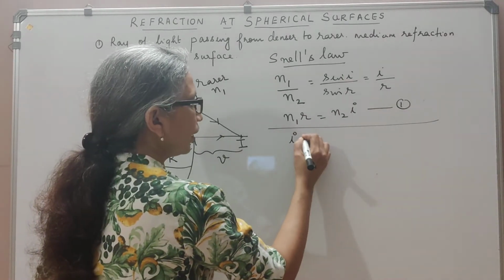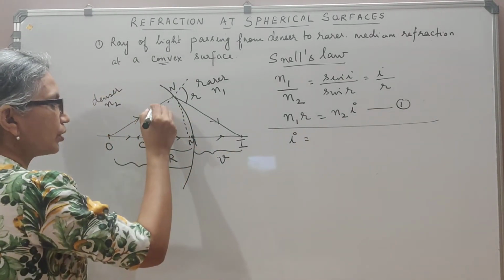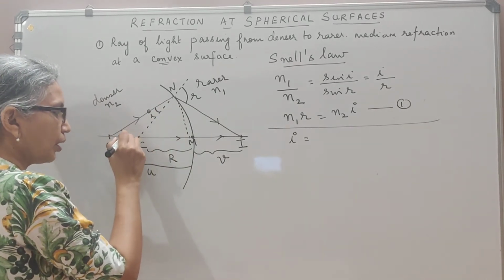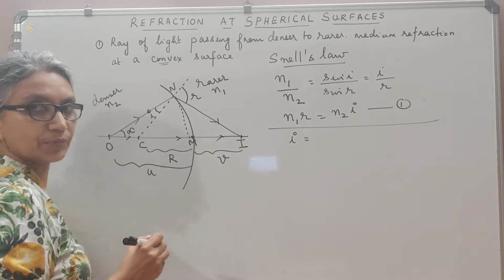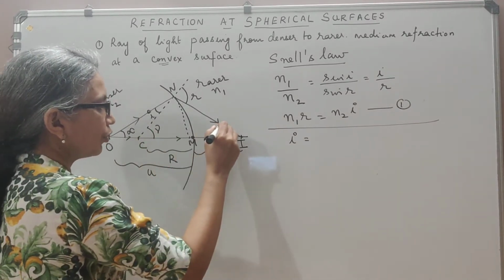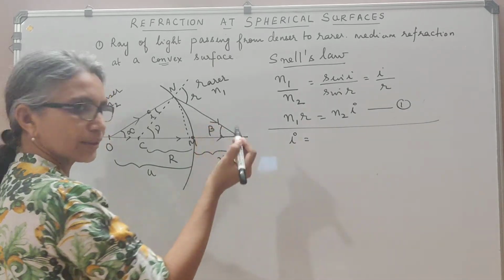So from the figure, because this is I, we already remember, like the last time, for the object we take the angle subtended as alpha. For the center of curvature we take it as gamma. For the image we take it as beta, just like before.